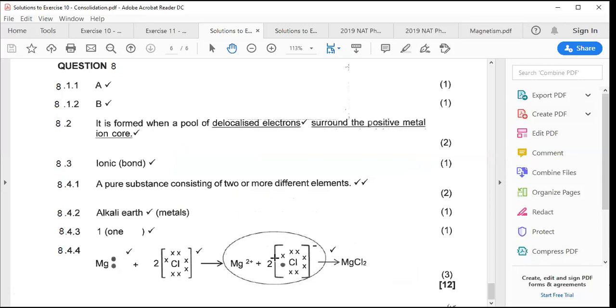Clear? Yes. So are you going to post these corrections on Google Classroom? I'm going to do that. I didn't post this, did I? Yes, you didn't. Okay, I'll post it soon after this lesson.